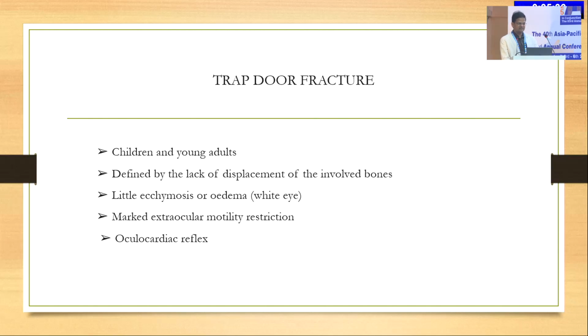A small amount of orbital content or the inferior rectus muscle is entrapped in the inferior floor fracture because the wall is not very calcified, so the bone fractures, the rectus gets entrapped, and then the bone goes back. So there will be no anterior signs, but only a restriction of movement, and this case has to be examined very carefully.